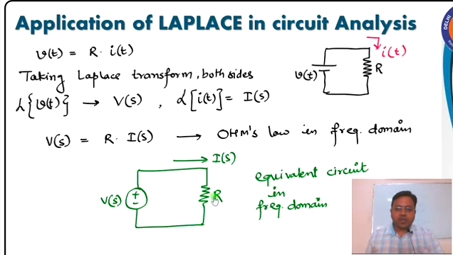We can conclude that in a resistive circuit, all the time dependent variables are changed into frequency dependent variables, but the resistance remains the same. Its property does not change when we convert from the time domain to the frequency domain. This is how we can convert a resistive circuit from the time domain into the frequency domain.